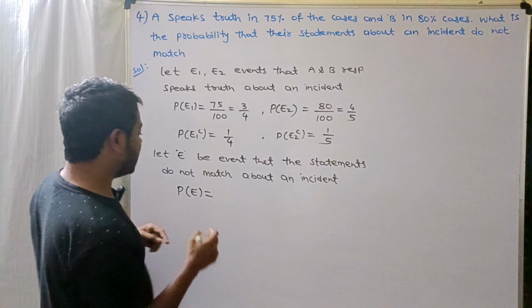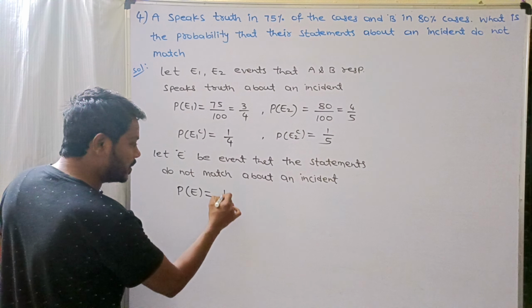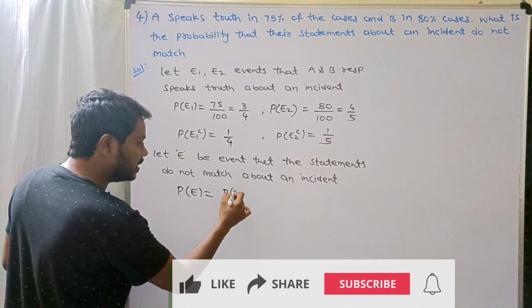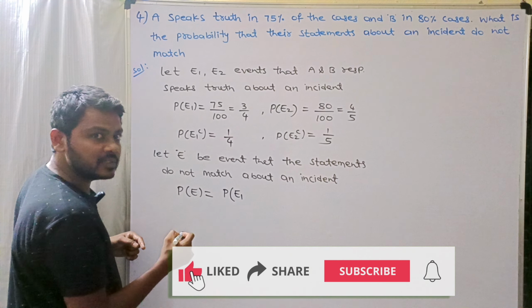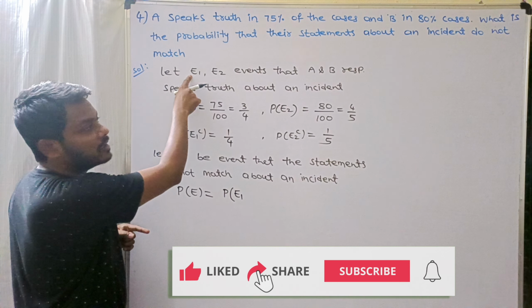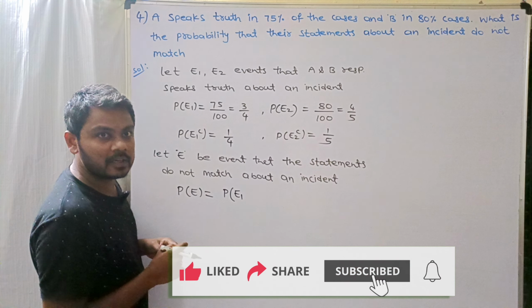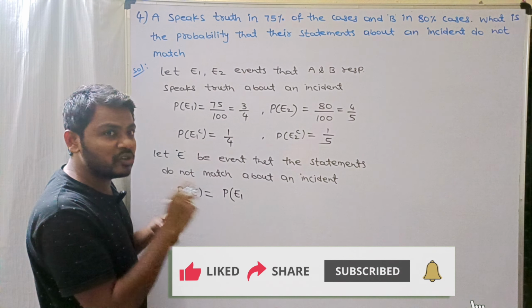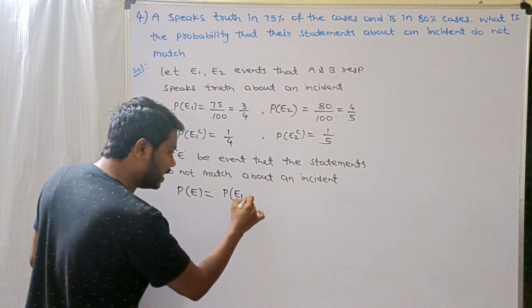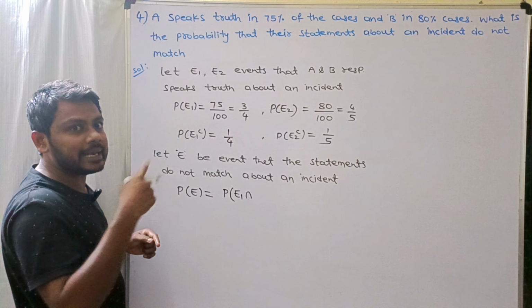Okay. Now clearly this can be written as P of E1. So what is meant by event E1? A speaks truth. Here statements do not match, and B tells lie.